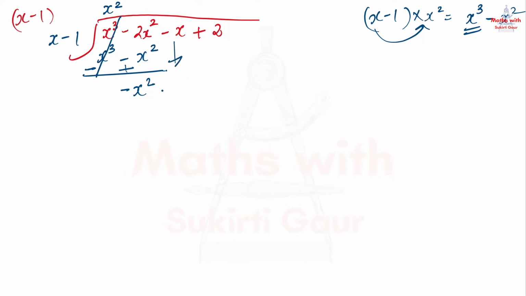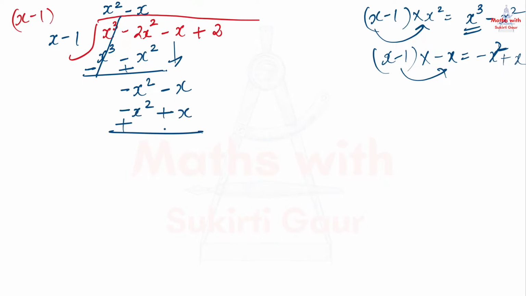Now, the next term, minus x, gets down here, and at the first place now we are with minus x square, so we want here minus x, such that x minus 1 into minus x will give us minus x square at the first place, and at the second place minus 1 into minus x will give us plus x. We will make this minus as plus, and this will become minus. This will get cancelled out, and minus x will get us minus 2x, and that plus 2 will get down here.